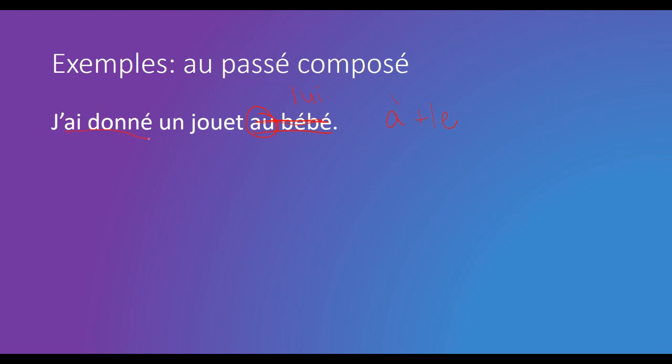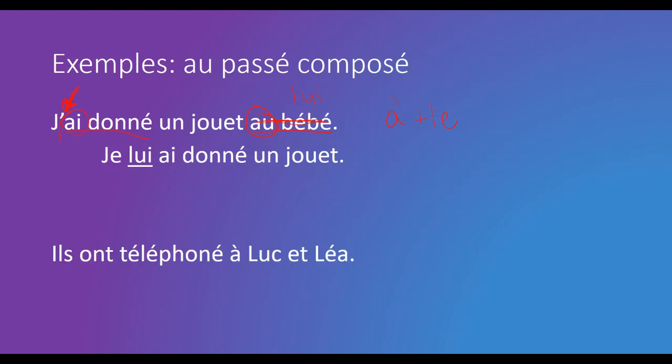Now remember, this whole entire thing is my verb, but I say conjugated verb because I'm talking about that helping verb. So I'm going to go ahead and draw my arrow right there, and I'm actually going to break that up. Okay, so when I go to put "lui" in the sentence, it's going to be "je lui ai donné un jouet." I gave a toy to him, or another way we could say it in English is I gave him a toy.